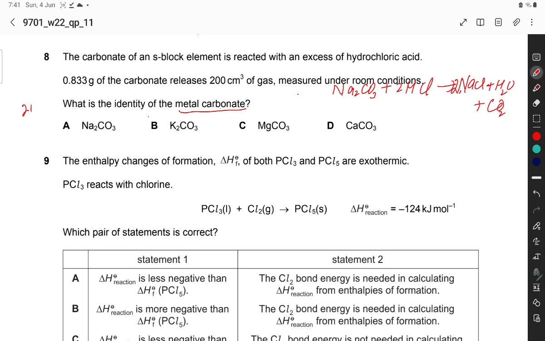First calculate the 200 divided by 24,000. 200 divided by 24,000 is equal to 0.0833 mole. 0.833 into 44 is equal to 3.6 gram.